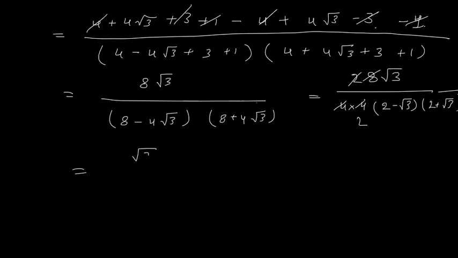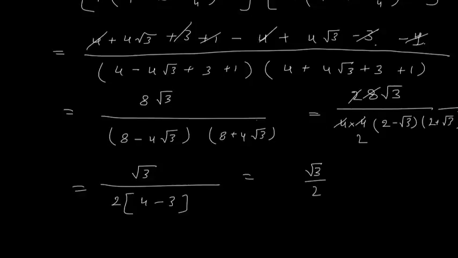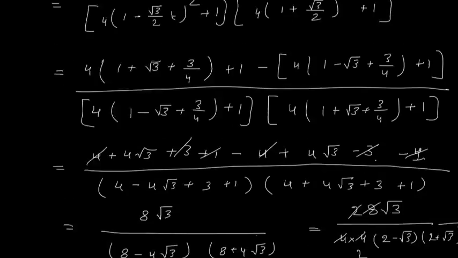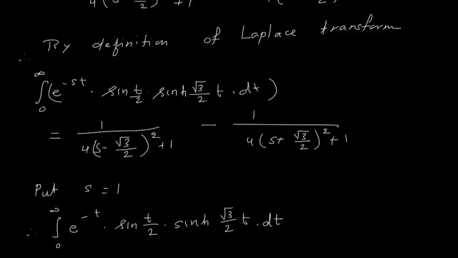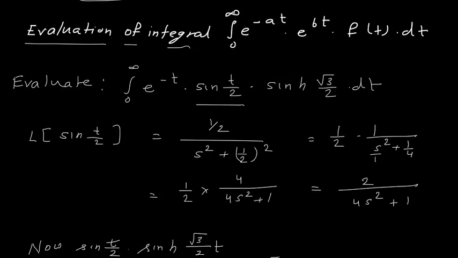I will get root 3 divided by 2 into, now (a plus b)(a minus b) is a square minus b square. So finally root 3 upon 2. So root 3 upon 2 is the solution. We could have simplified it at this level or here also, no problem. So this is our required result. Yes, so this is how we evaluate.